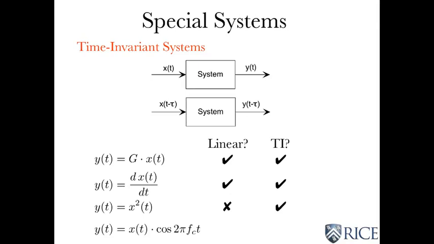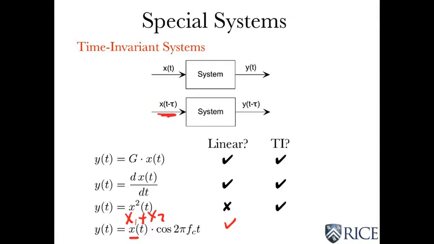And finally, how about this system, which is called a modulator? So what we have is our input is here, and what happens is that the system multiplies it by cosine 2 pi fc t to produce an output. Well, is it linear? So if I have x1 plus x2, do I get out cosine times x1 plus cosine times x2? And I certainly do. So that's linear. How about time invariant? So the thing to notice is that the delay applies only to x.